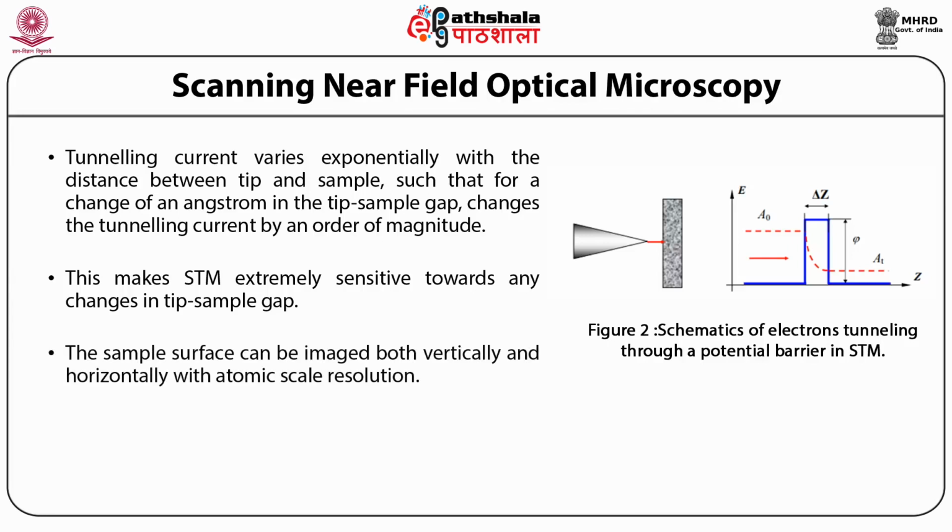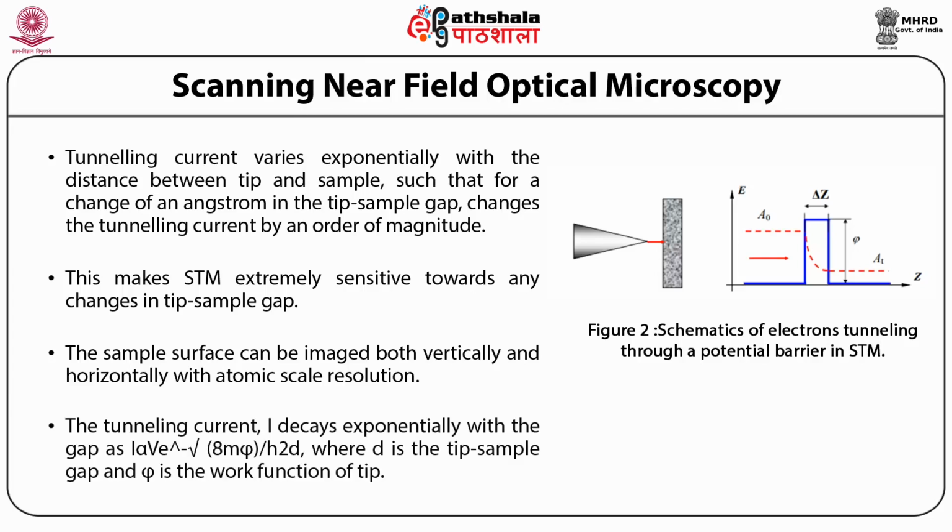The sample surface can be imaged both vertically and horizontally with atomic scale resolution. The tunneling current I decays exponentially with the gap as I ∝ e raised to the power minus square root of 8mφ by h² times d, where d is the tip-sample gap and φ is the work function of the tip.